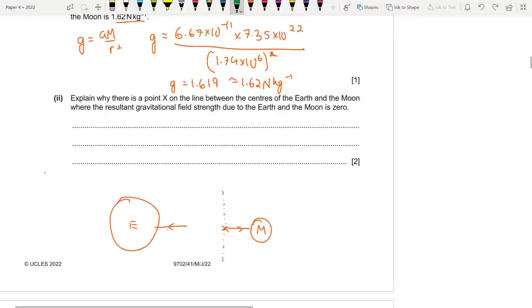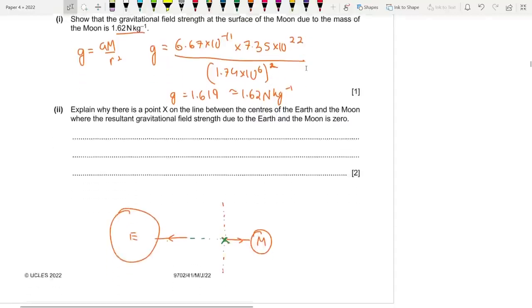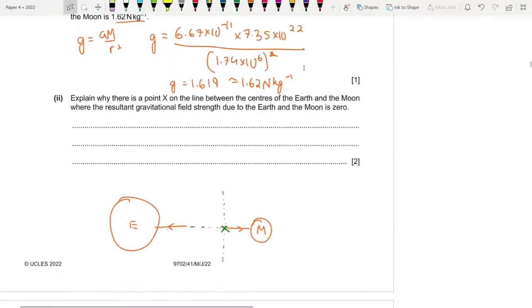Why? It's always closer to the smaller mass. Why is this? Basically because the field strength of the Earth is greater, right? So if you're at the midpoint, the Earth would be pulling with the greater strength. So it needs to be closer to the moon because the moon is the smaller mass. So we need to compensate for that.